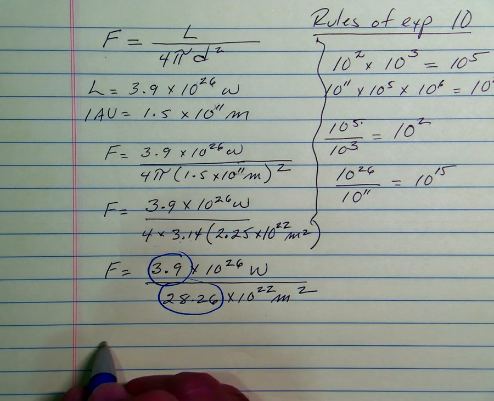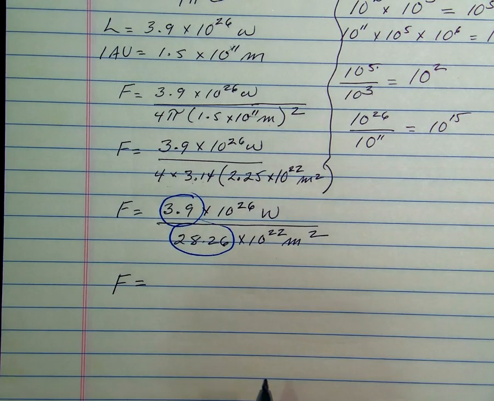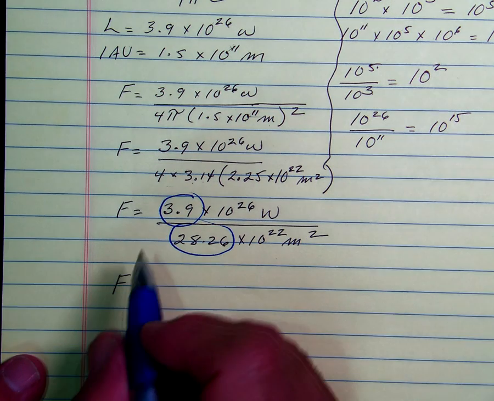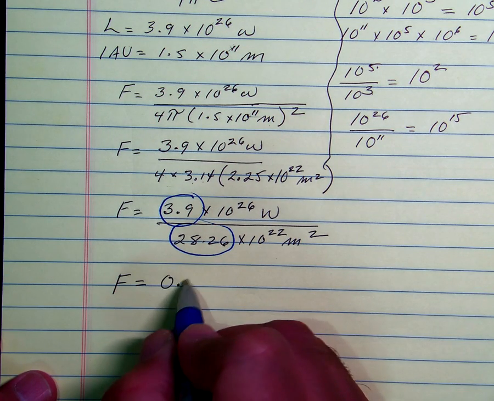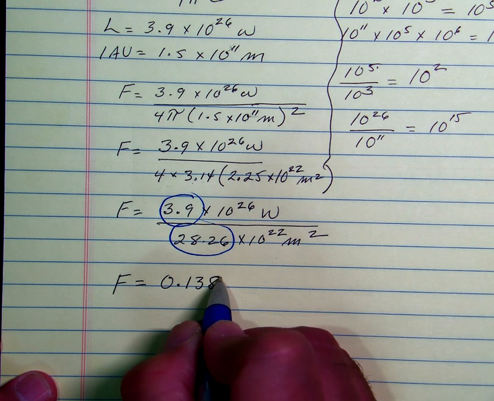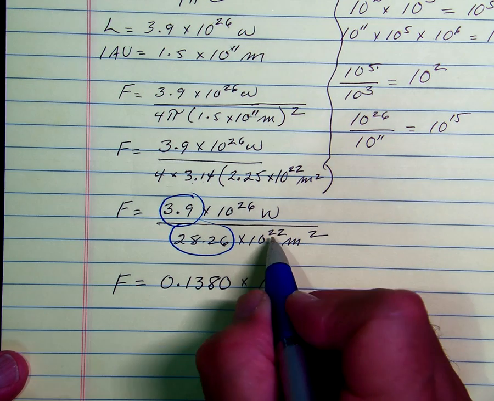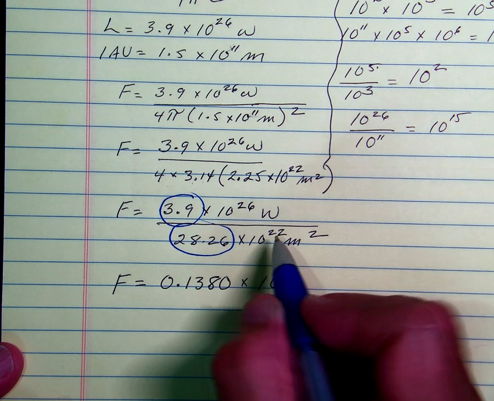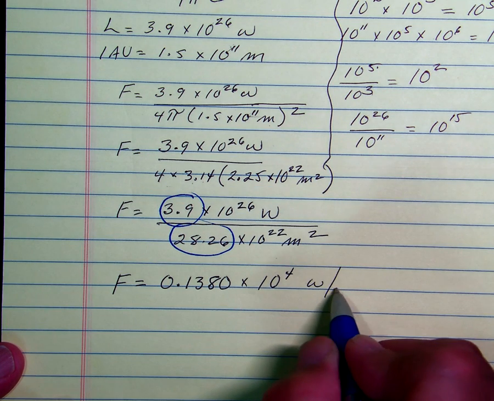So the flux would be equal to basically 3.9 divided by 28.26, which is 0.1380. Now times 10, 26 minus 22 would be 10 to the 4th, and we keep our units, watts per meter squared.